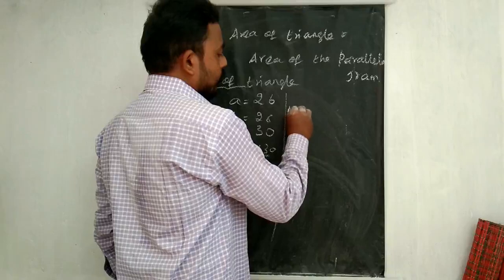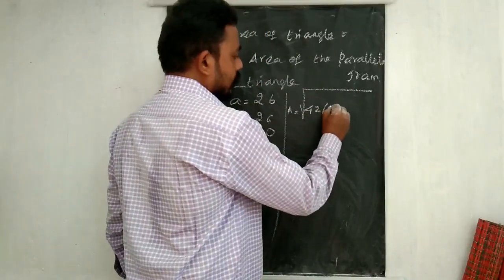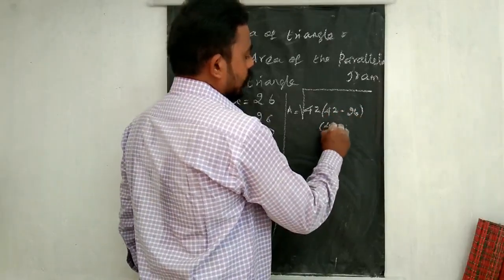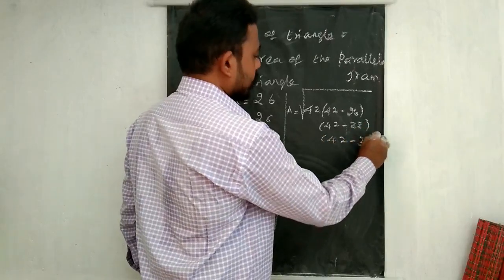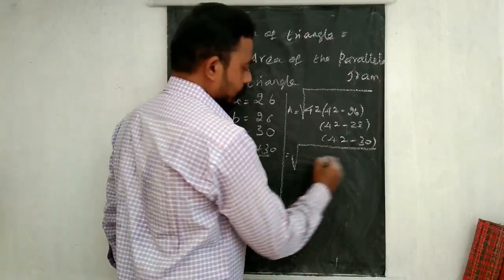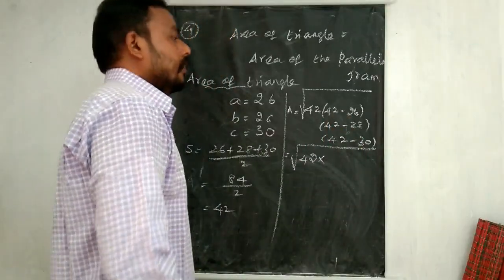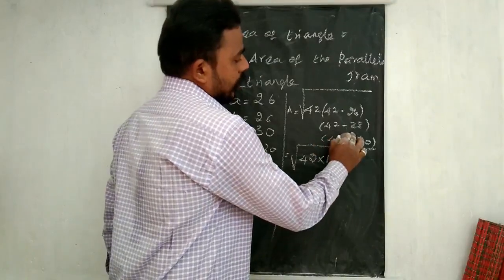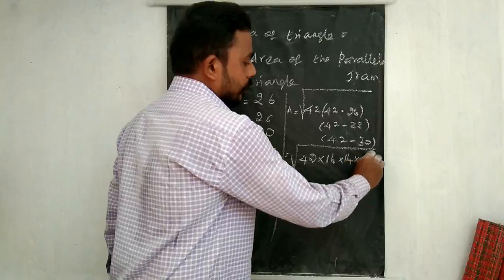Now area equals square root of S into 42 minus 26 into 42 minus 28 into 42 minus 30. So 42 into 42 minus 26 is 16. Here 42 minus 28 is 14. Here 12.